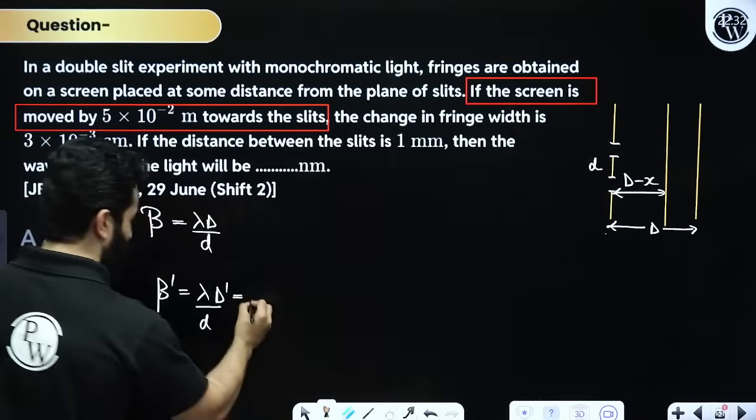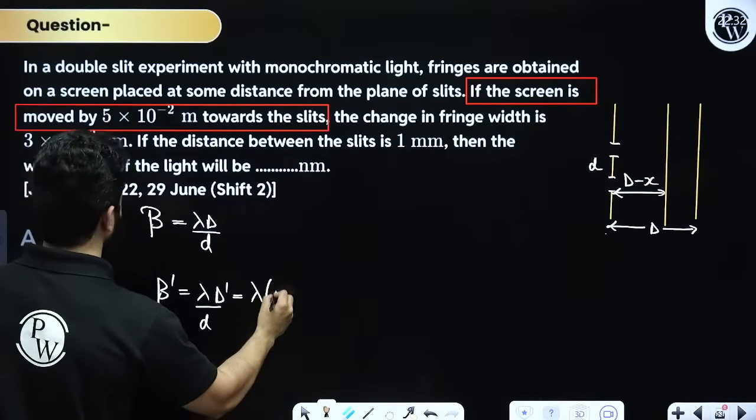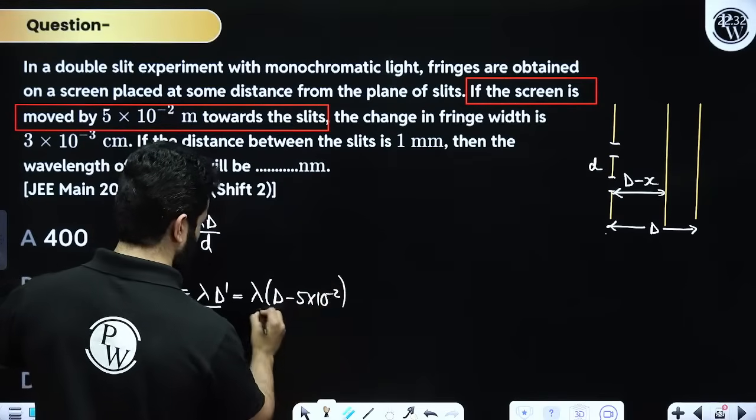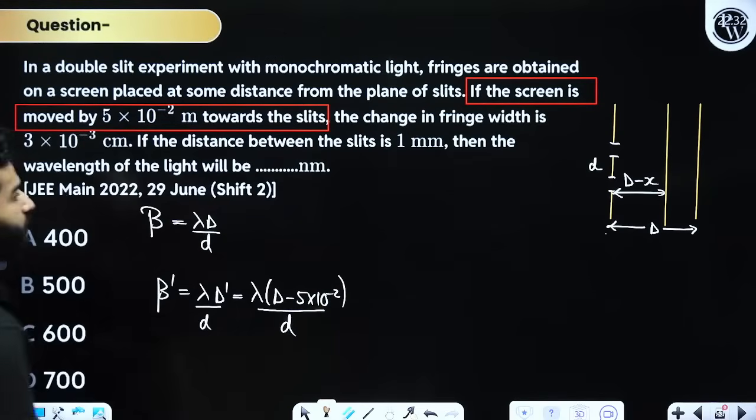So this will be lambda times (D minus 5 into 10 to the power minus 2) whole divided by small d. And then they are saying the change in the fringe width is this. Okay, fine. Everything is given here, right?